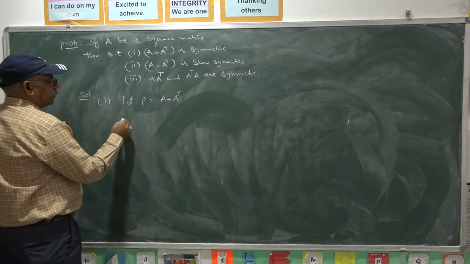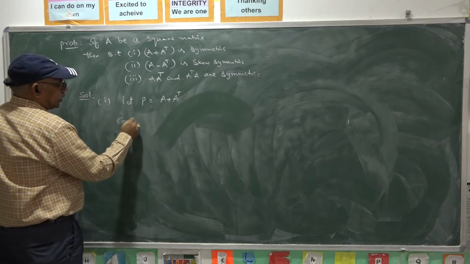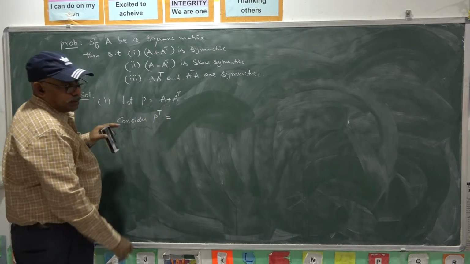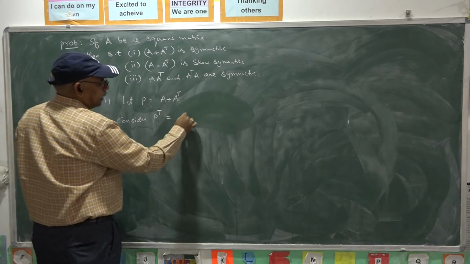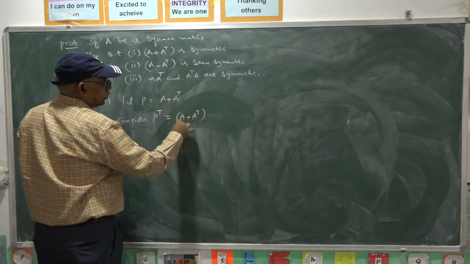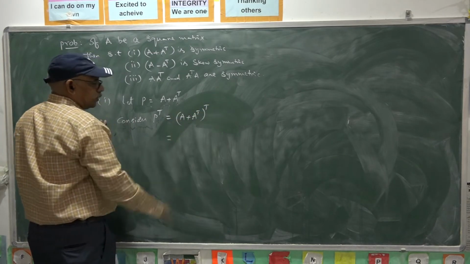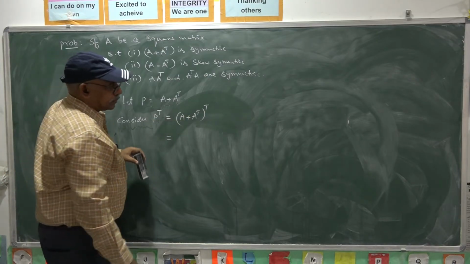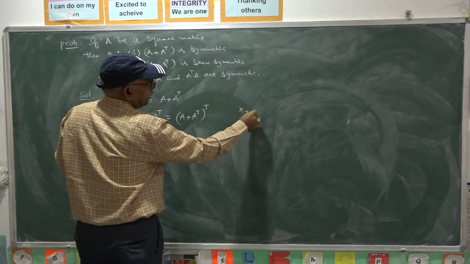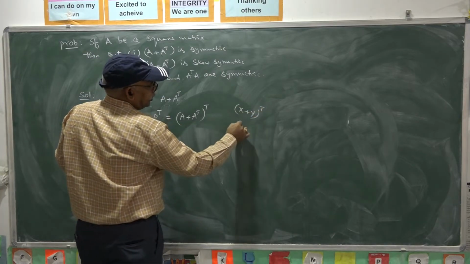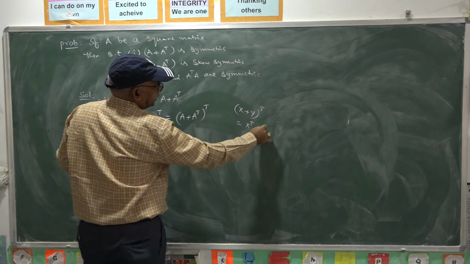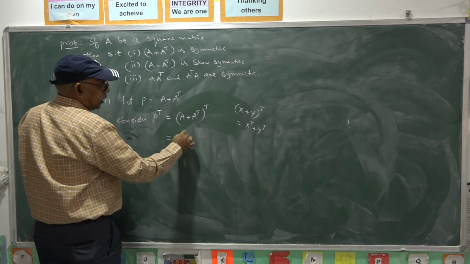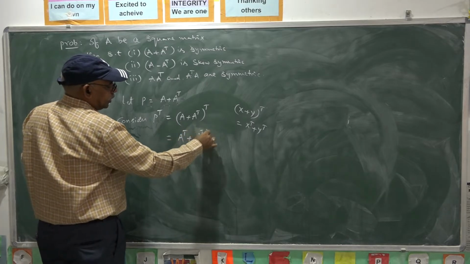For that, consider P transpose. Here P transpose is A plus A transpose whole transpose. But by the properties of transpose of the matrices, X plus Y whole transpose is X transpose plus Y transpose, so you can write this as A transpose plus A transpose whole transpose.